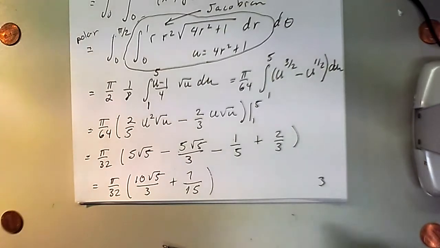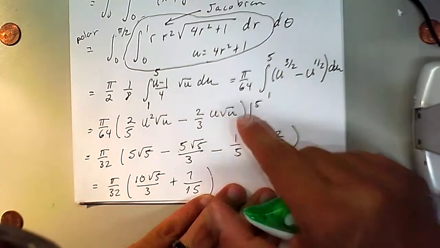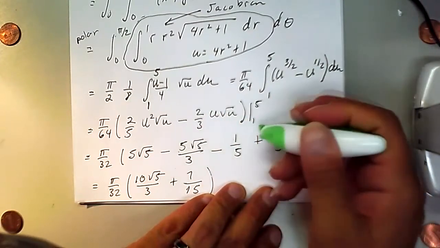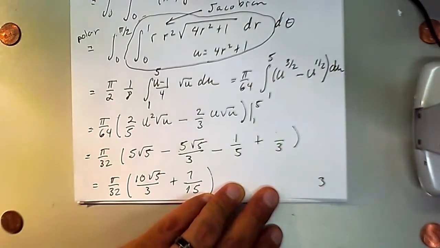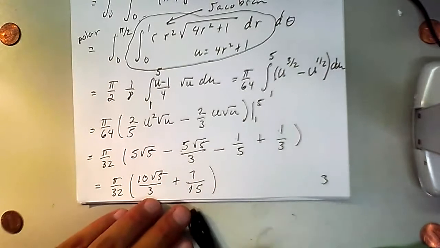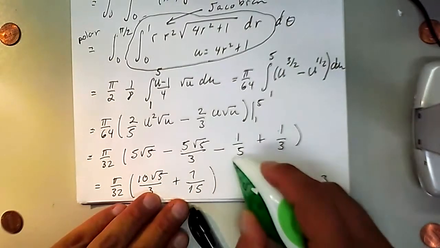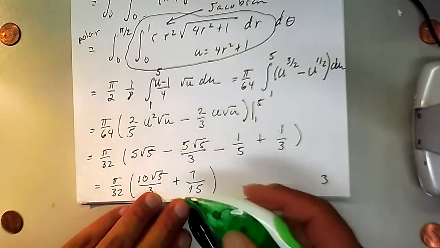Oh, there's a mistake here. 2/3. I did put the 2/3. Boy, I really have to do this one step at a time. So this is 1. So 1/3 minus 1/5 is 2/15, not 7/15.